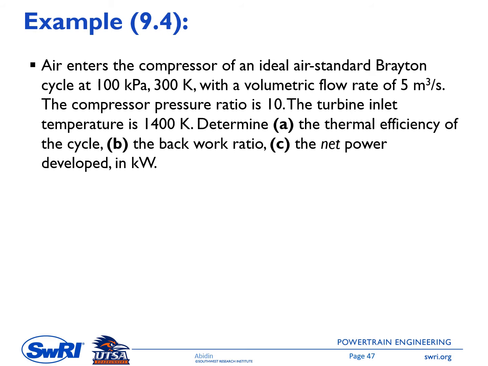The compressor pressure ratio, P2 over P1, is 10. The turbine inlet temperature is 1400 Kelvin. Determine the thermal efficiency of the cycle, the back work ratio, and the last question is the net power developed in kilowatts. Okay, let's see the solution of this example.